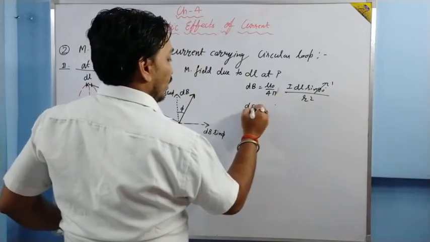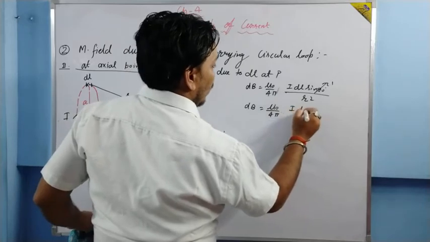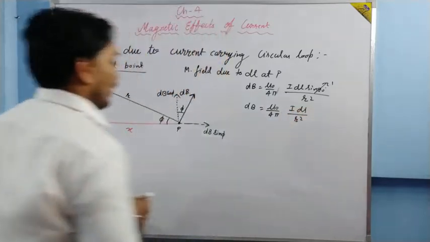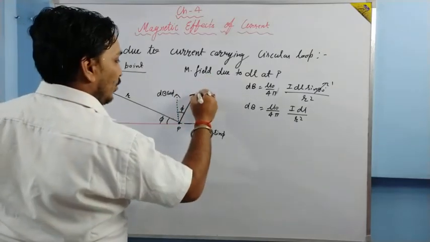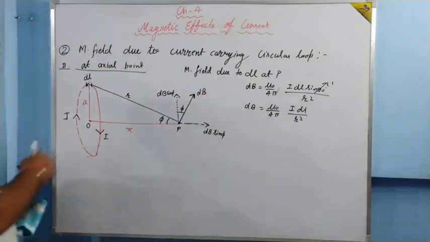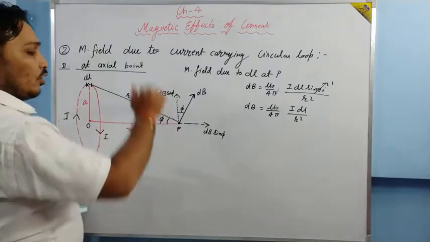So basically dB is equal to mu naught upon 4 pi, I dl upon r squared, right?